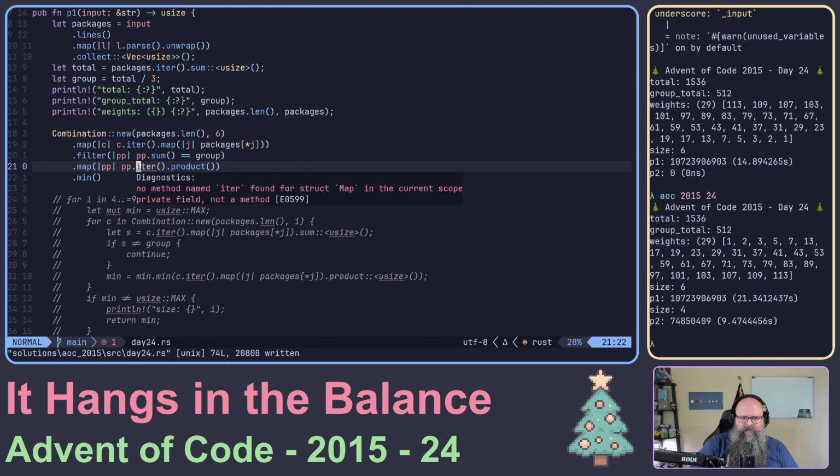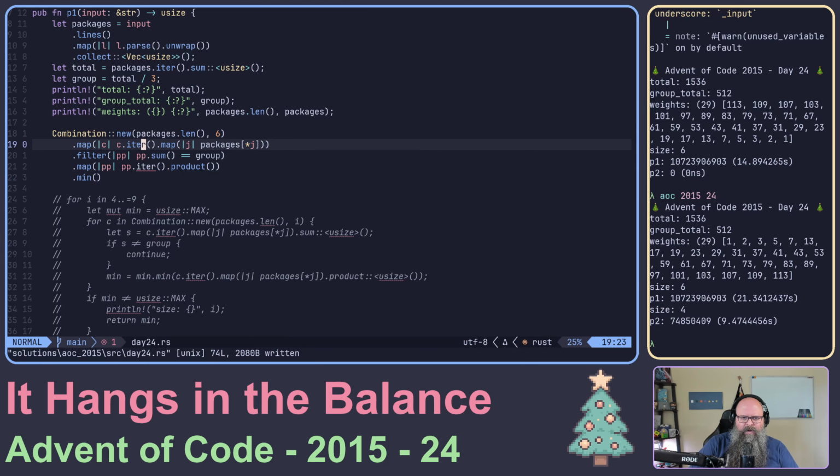No method name inner found for struct map in the current scope. Oh. Yeah, I can't do that. I need to collect this one, huh? Oh, I just need to iter on this one as well.